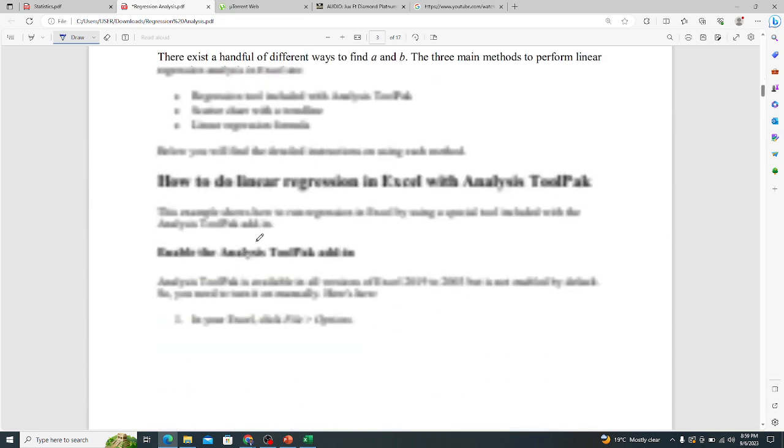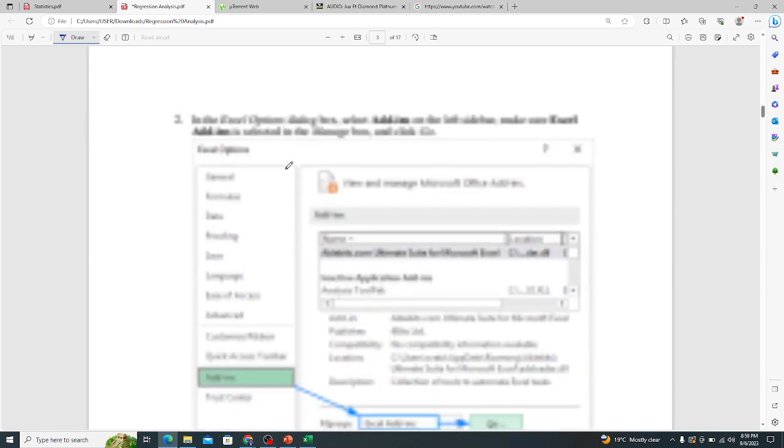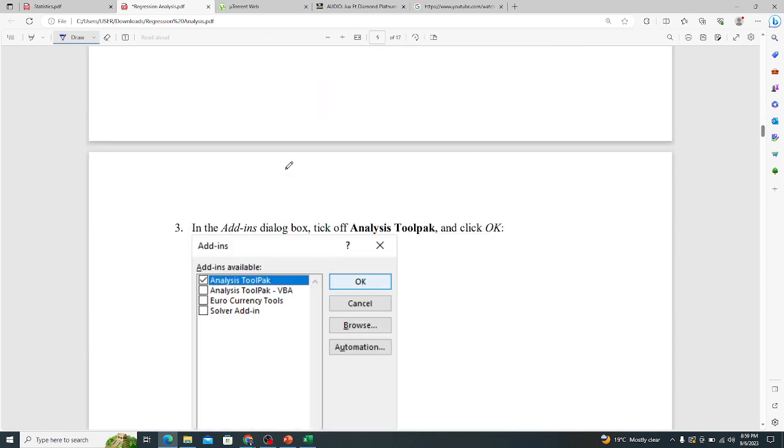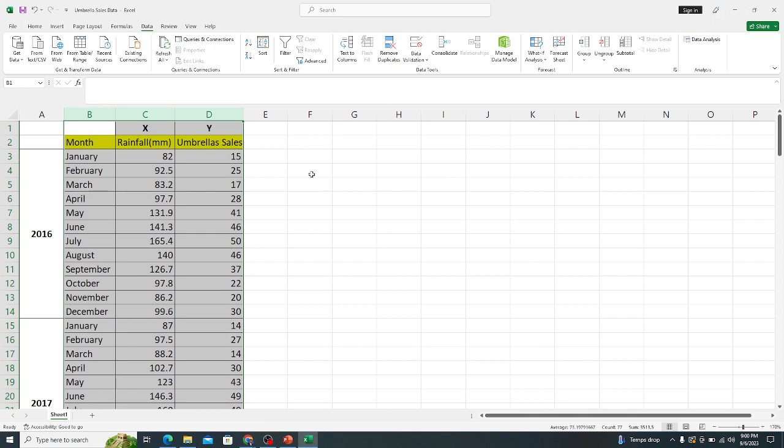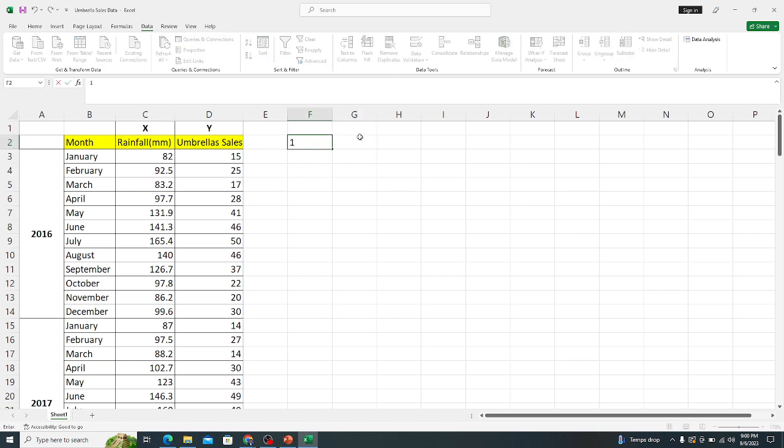These are the three methods which we are going to use to get the same output. All right, I'm going to close that and transition to the practicals. Let's start with the first method, that is scatter plot with trend line.